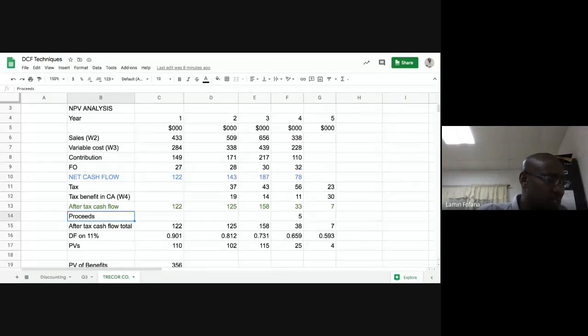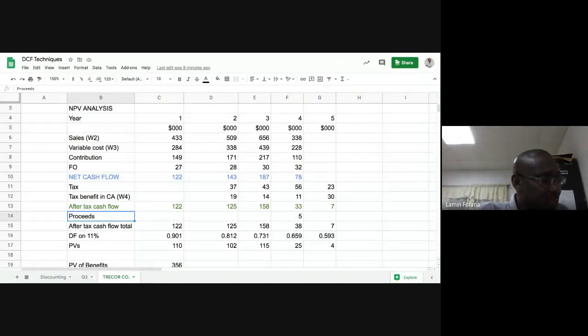Your total depreciation will be 245,000. So you knock it off, and then you find the average, divide by 4. Your average profit will be about 71,250, and your average investment will be 250 plus the scrap value, the 5,000, divided by 2, that will be 127. Then you find your return on capital employed, or your ARR, that will be 56%. But I'll give you the answer on this.